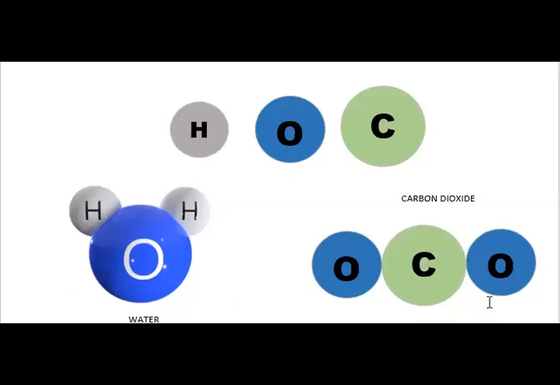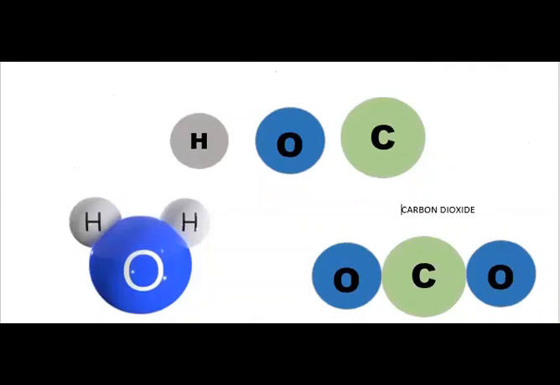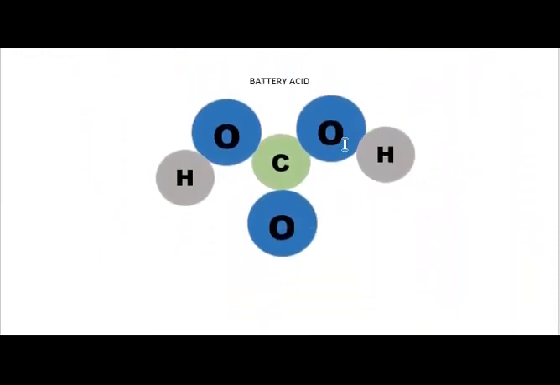Then if we want to make carbon dioxide, we take 1 carbon atom and 2 oxygen atoms and we bond them together to form carbon dioxide. What if we took all 3 elements and put them in a molecule? Then we're going to get battery acid.